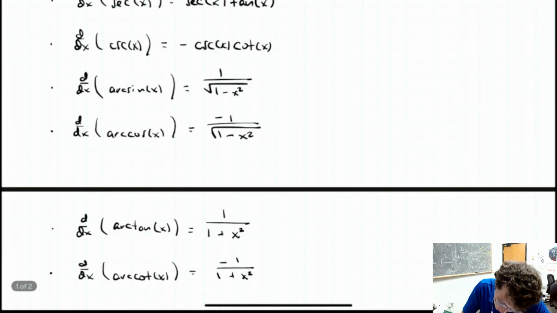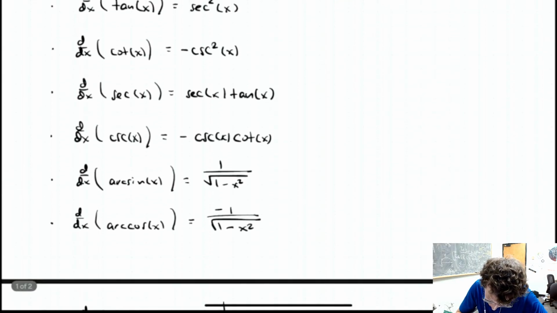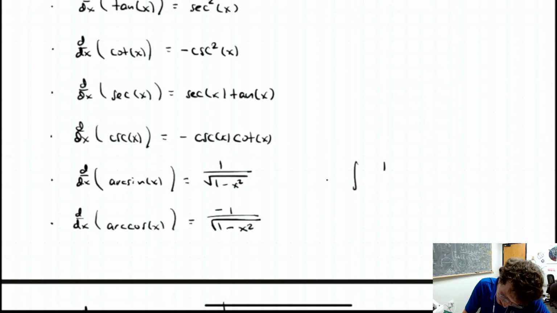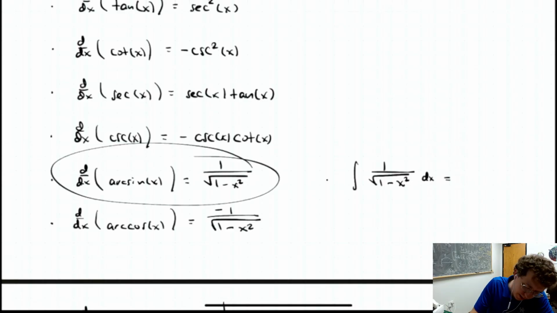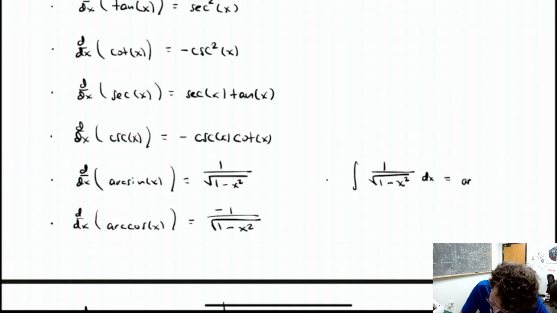And then the corresponding antiderivative rules are simply that if you're ever asked to find an antiderivative for 1 over root 1 minus x squared, that looks complicated, but you just say, wait, I recognize that as the derivative of arcsine of x.